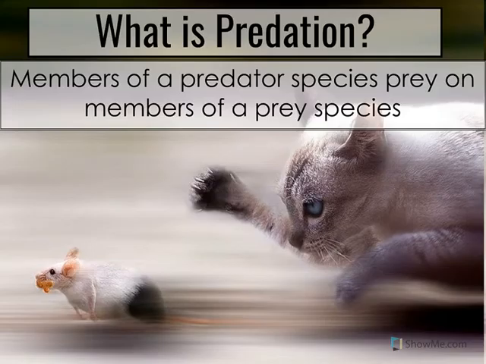Let's take a look at predation. This is a common phenomenon you are probably familiar with, and you should know that an organism might play a role in this prey-predator relationship, which it likely does.